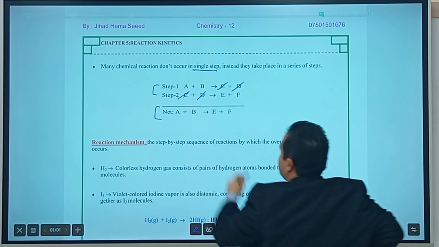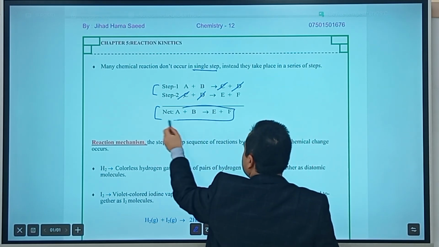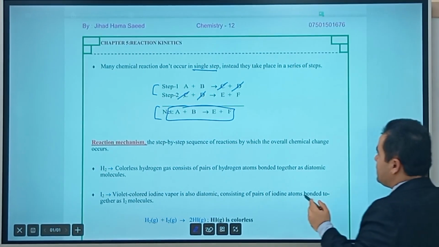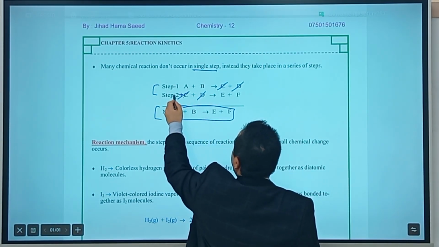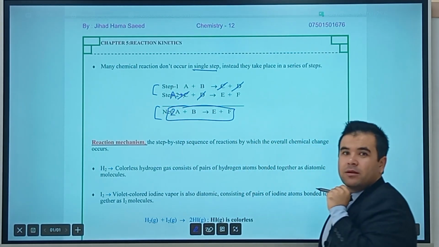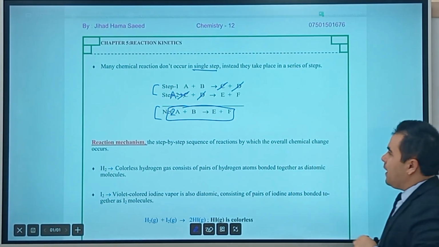D cancels with the D, they are on opposite sides. So the result represents AB goes to form EF. If we have A plus A, it becomes 2A. We add those that exist on the same side.